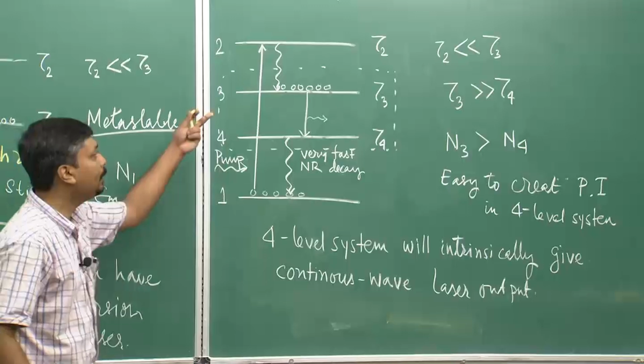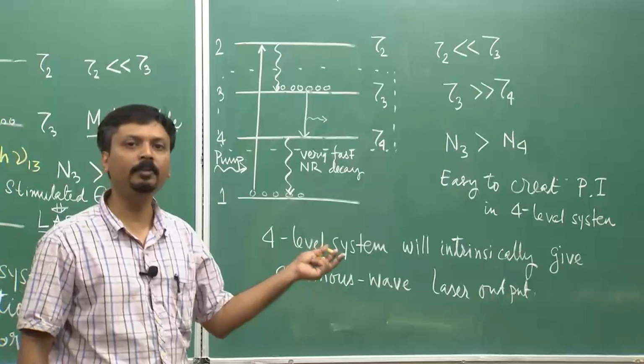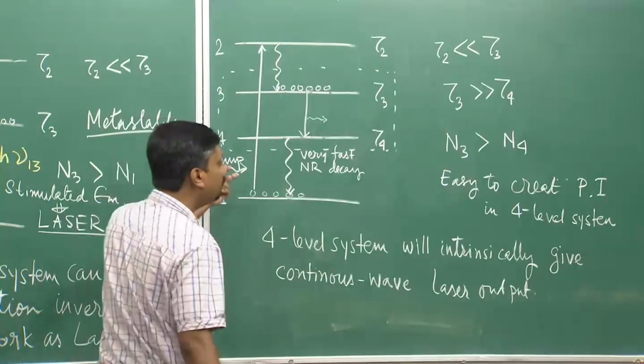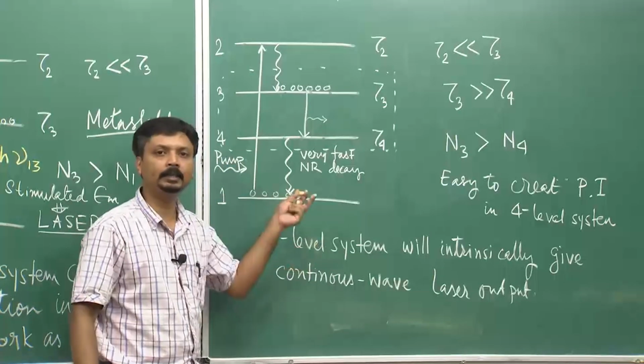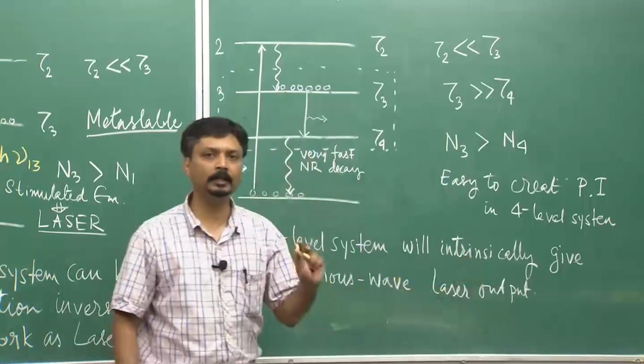Because it maintains the population inversion. Okay. It is not difficult for the 4-level system to maintain or sustain the population inversion.